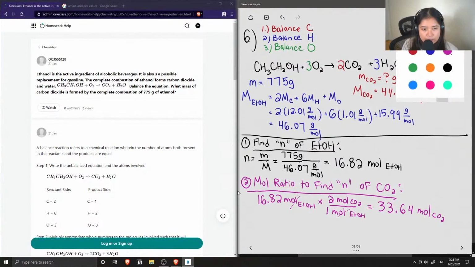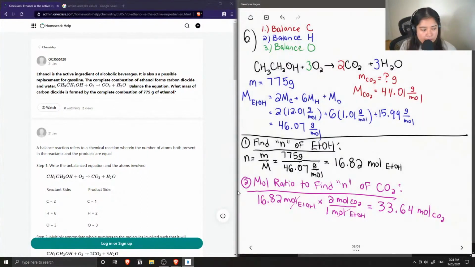Finally, we can do step 3, which is to find the mass of CO2. We know that the mass can be found by multiplying the number of moles times the molar mass.